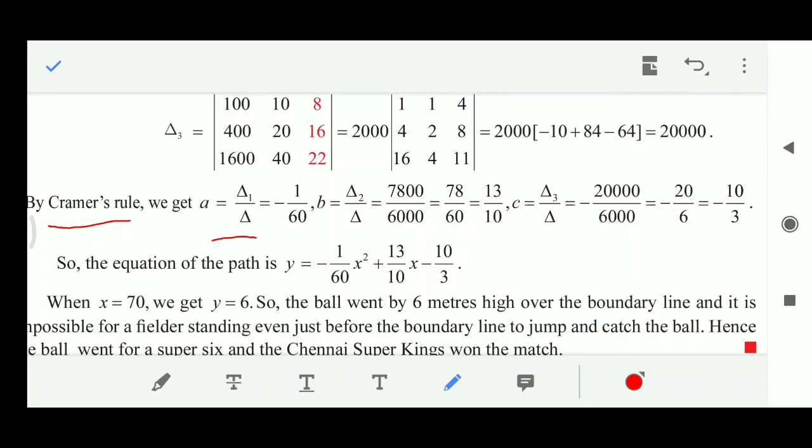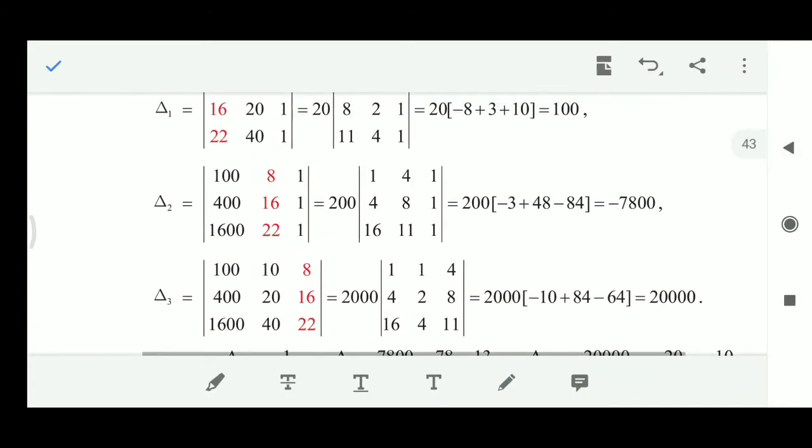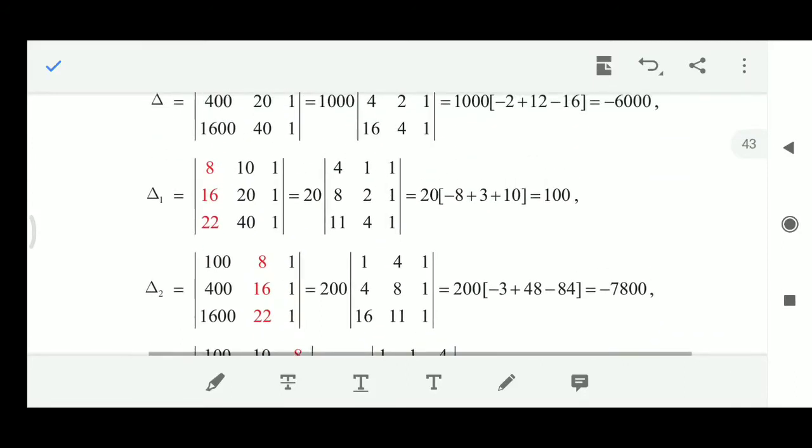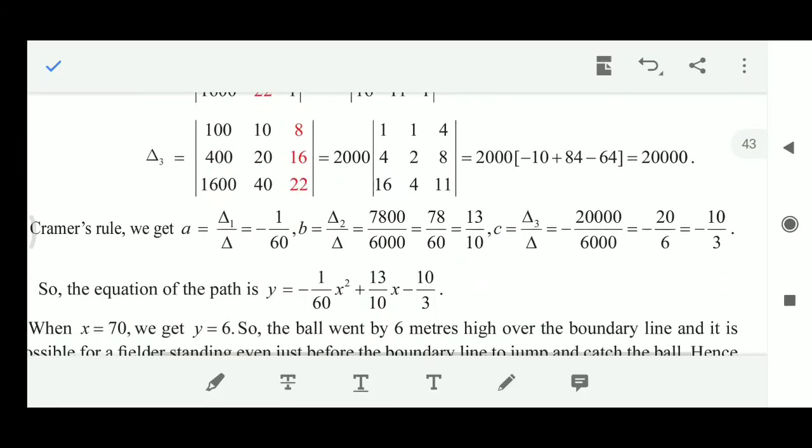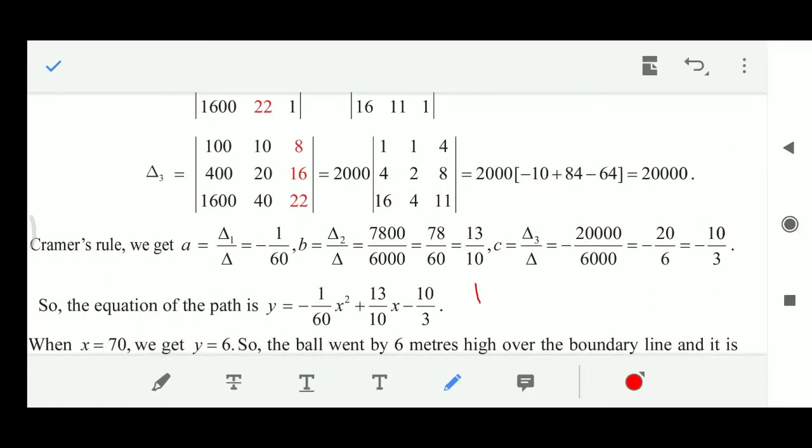To get the value of a, by Cramer's rule, the formula is delta 1 by delta. Here delta 1 is 100 and delta is minus 6000. 100 divided by minus 6000, if we cancel this, you will get minus 1 by 60.